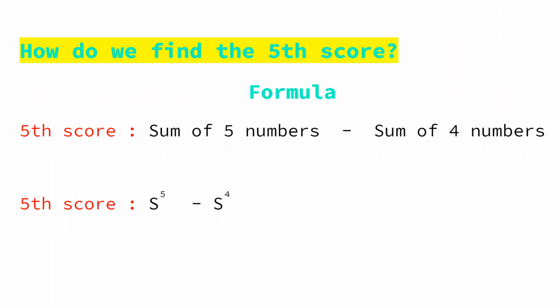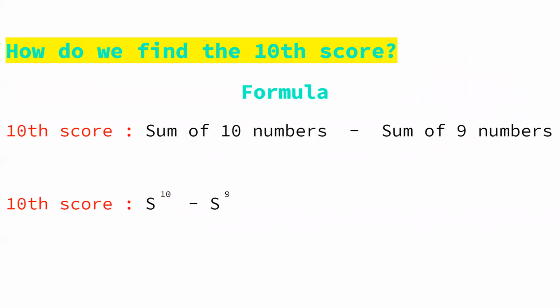So if we had to find the 5th score, we say the sum of 5 numbers subtract the sum of 4 numbers. And again, we have the abbreviated version, that S with a little 5 and S with a little 4. The sum of 5 numbers subtract the sum of 4 numbers. What about finding the 10th score? That would be the sum of 10 numbers subtract the sum of 9 numbers.